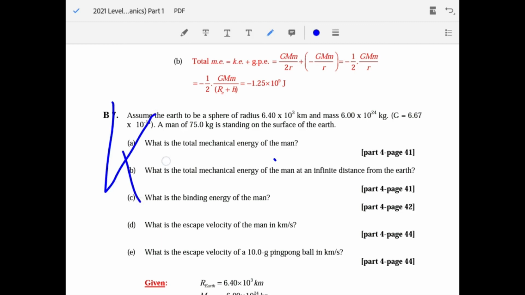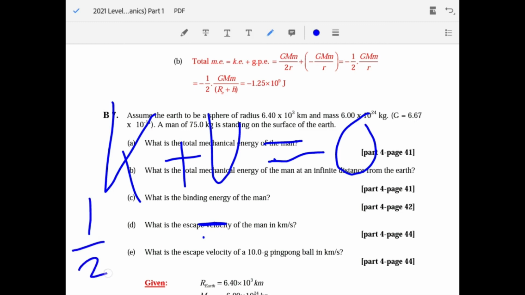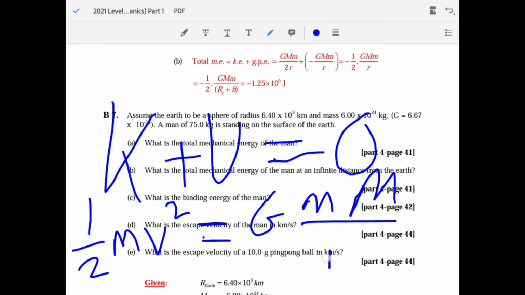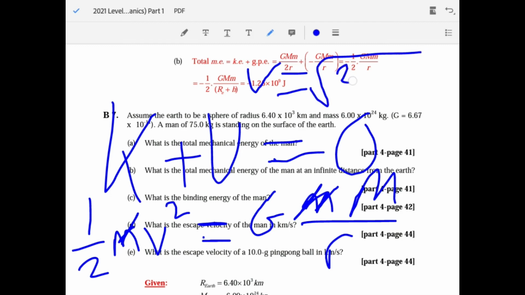Basically K plus U equals 0, and U is minus, that's why it works out. So half mv squared is equal to GMm over R. The m's cancel, then you get v equal to the square root of 2GM over R.